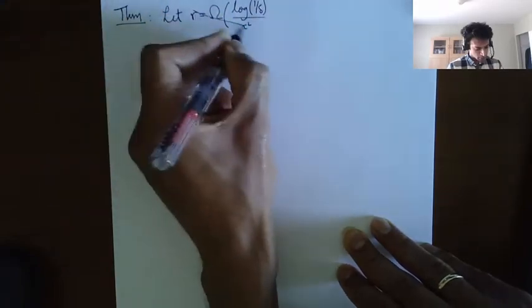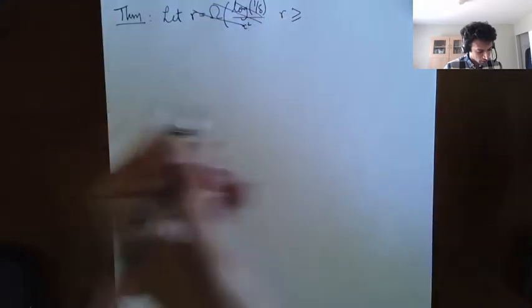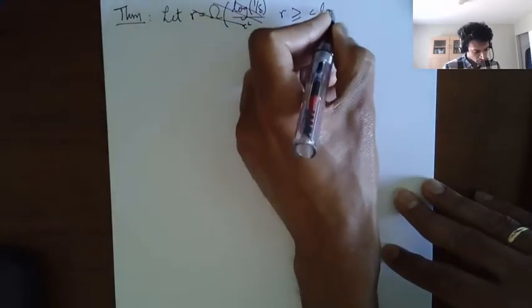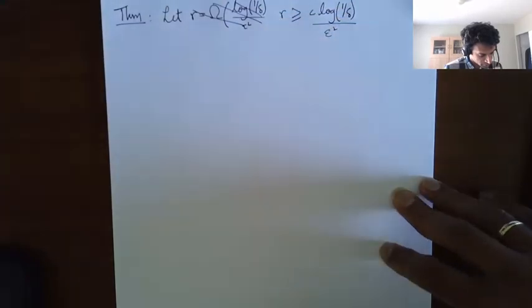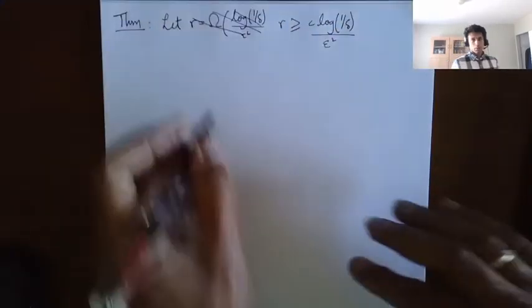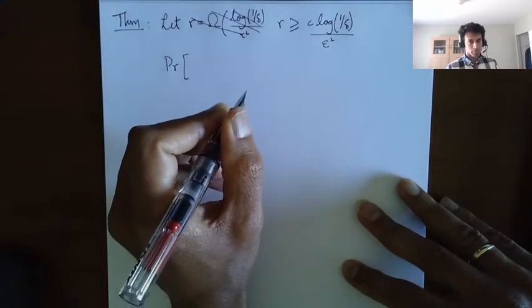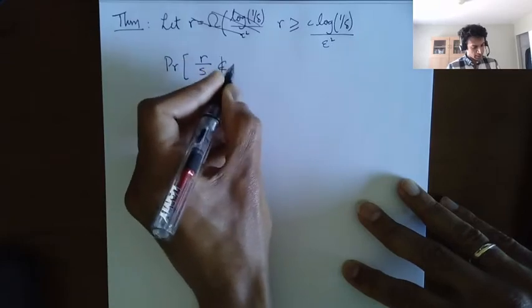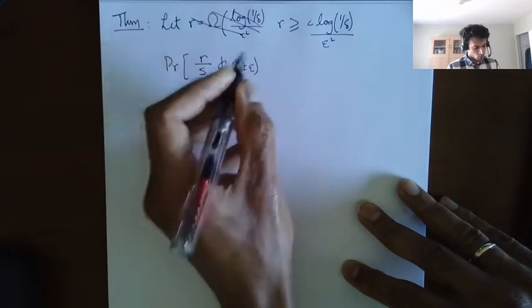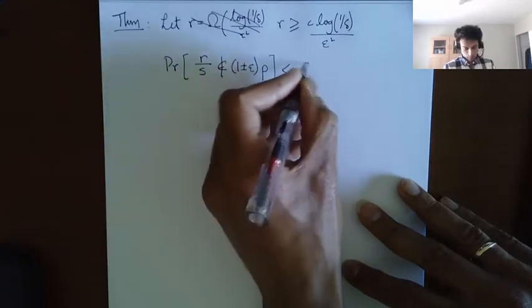So maybe what I mean is let r be greater than some constant that I haven't yet figured out. Then the probability that r divided by s is not in 1 plus minus epsilon of p is at most delta.